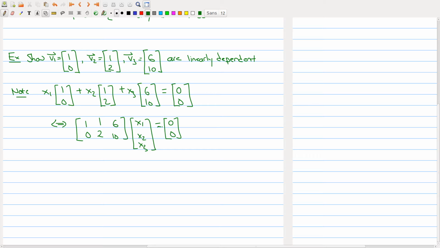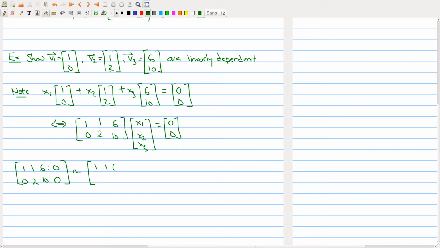Of course, we could just use Gaussian elimination, learning from the material from the first two lectures, because we have a system whose augmented matrix looks like this. So this is my augmented matrix, and we row reduce it.